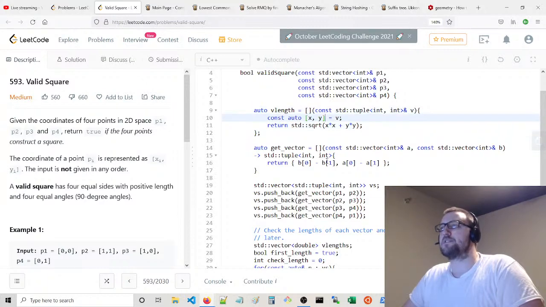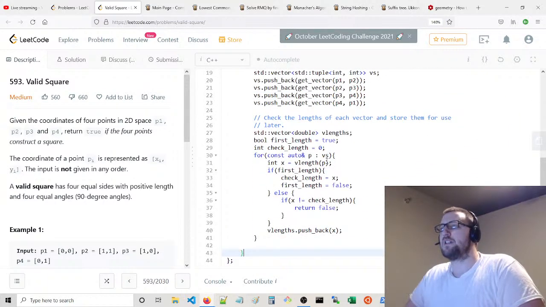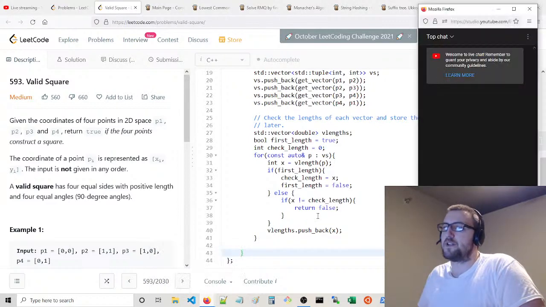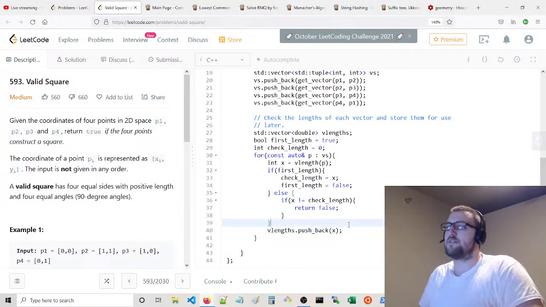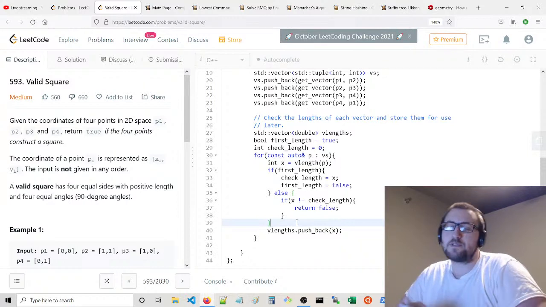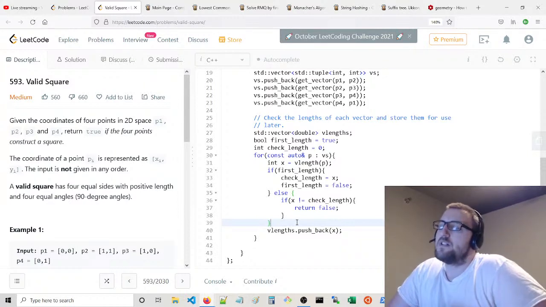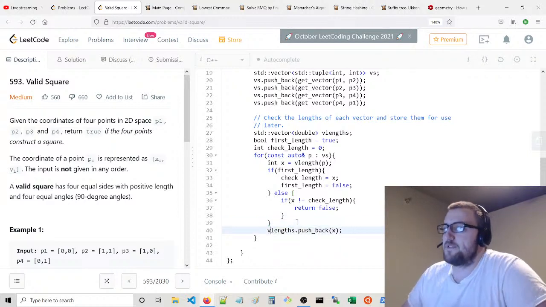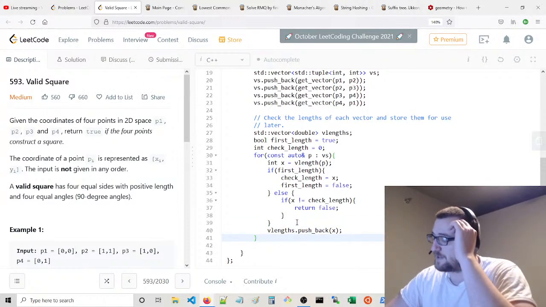Yep, this actually is a double. So now we have our vector lengths. Now this is a tricky question because you might actually need to use floating point arithmetic. Yeah, which is kind of annoying, but there's a way to do that.